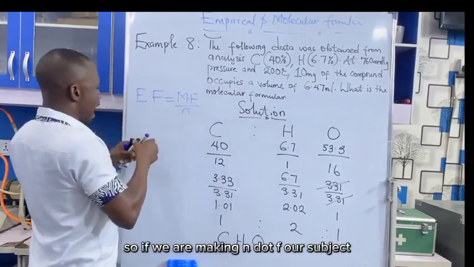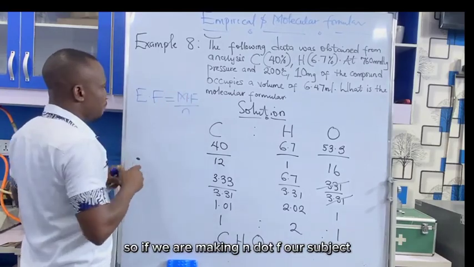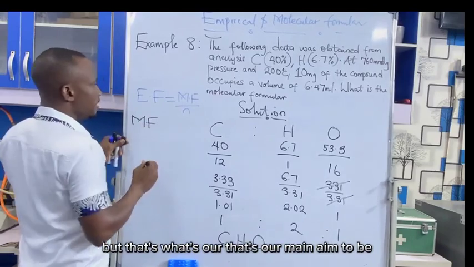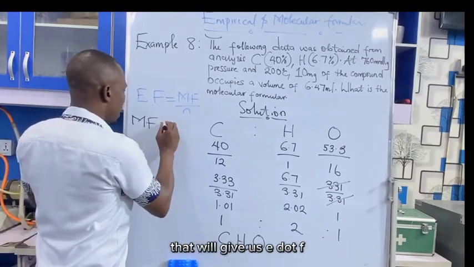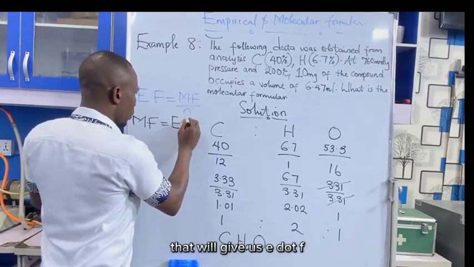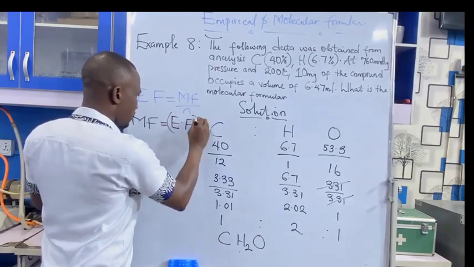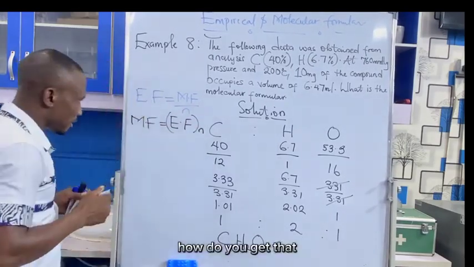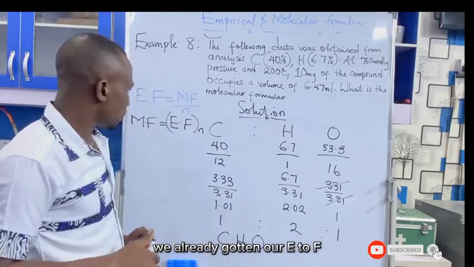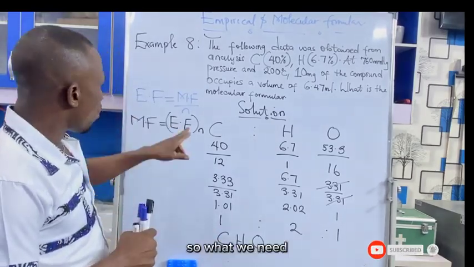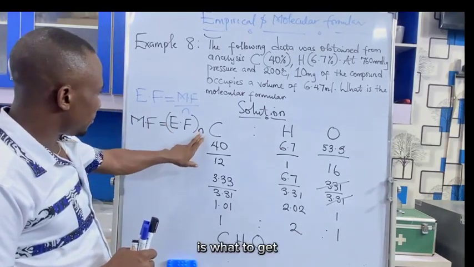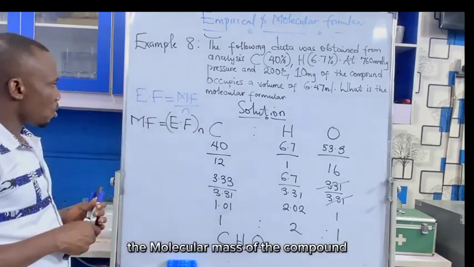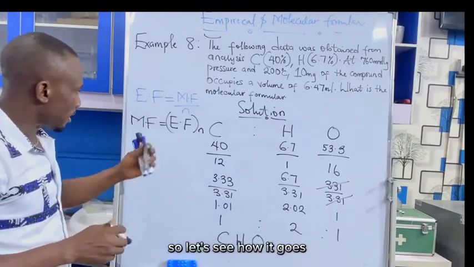If we make M.F. our subject, because that's our main aim, that will give us E.F. bracket n, where n is the whole number. How do we get that? We already have our E.F., so what we need is the molecular mass of the compound. So let's see how it goes.